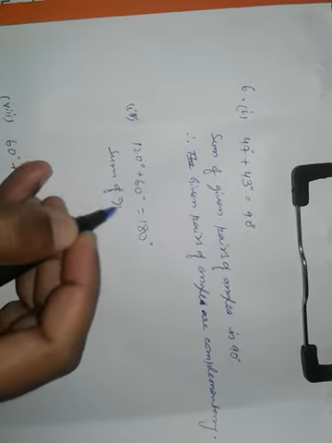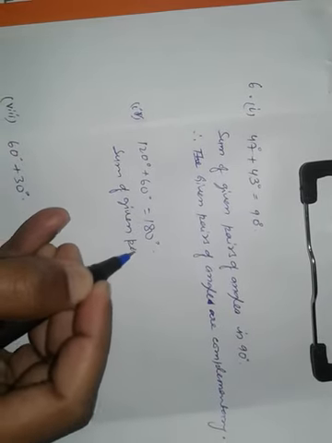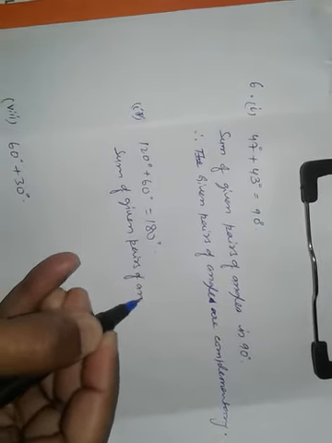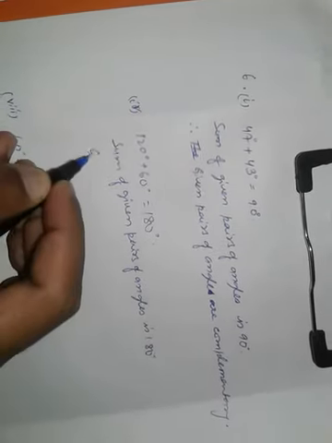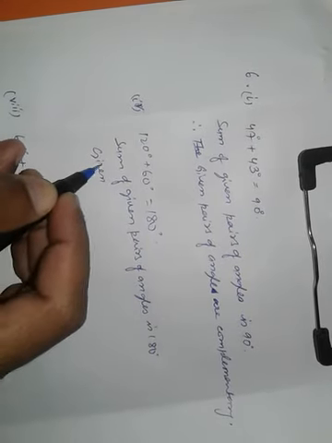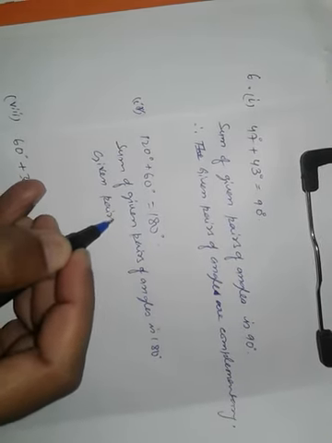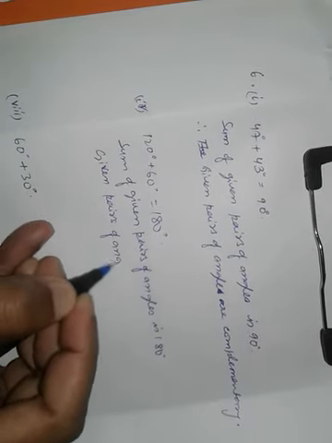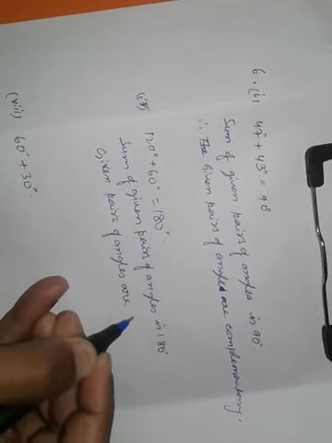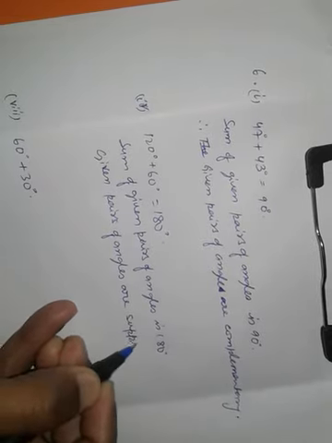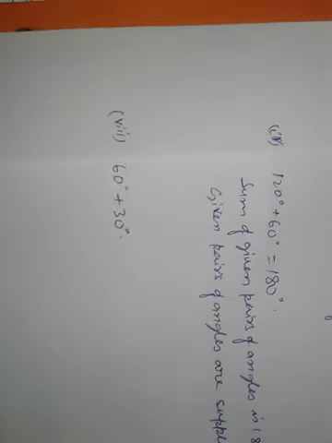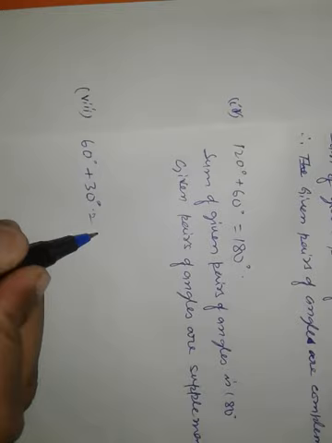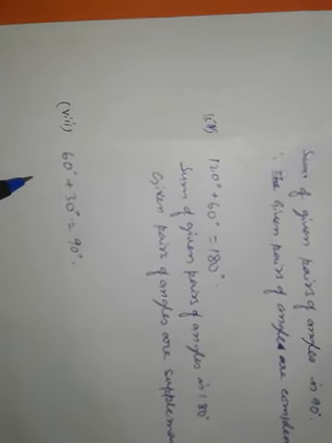So the sum of the given pair of angles is 180. The given pair of angles are supplementary. Like this, for the next one you have to add it. How much do you get here? 90.